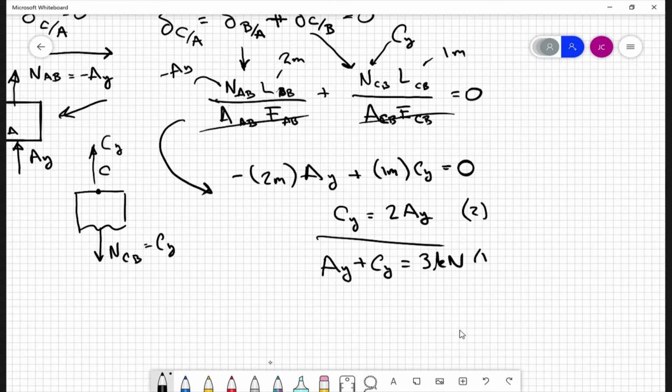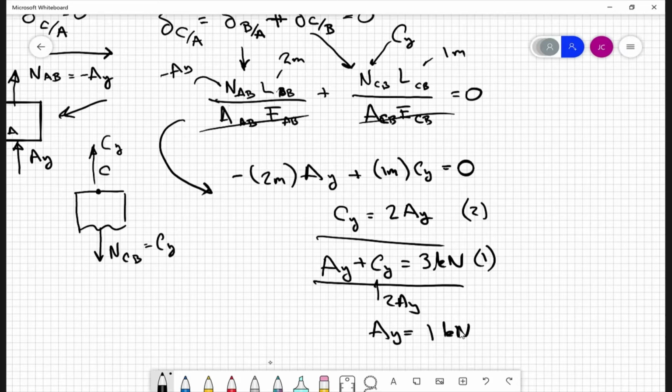That's from the equation of equilibrium. So now I have 2 equations for 2 unknowns, and you can solve this, right? There's a couple ways you can do this. You can substitute in for CY, 2AY, and then you get that 3AY equals 3 kilonewtons. So AY equals 1 kilonewton.